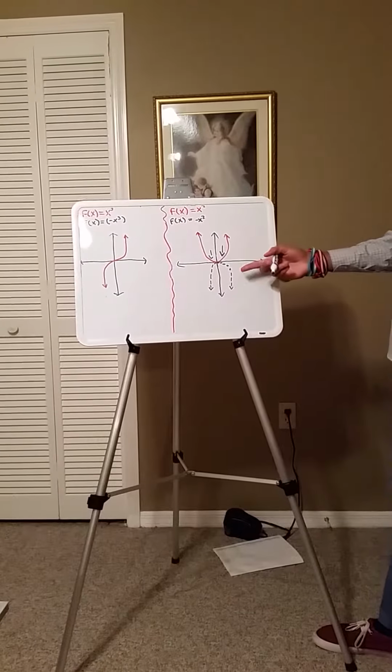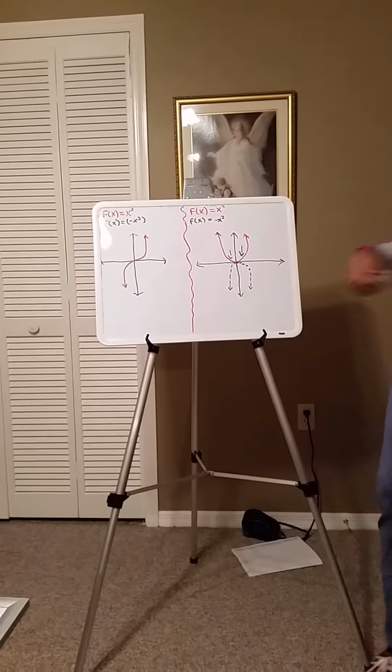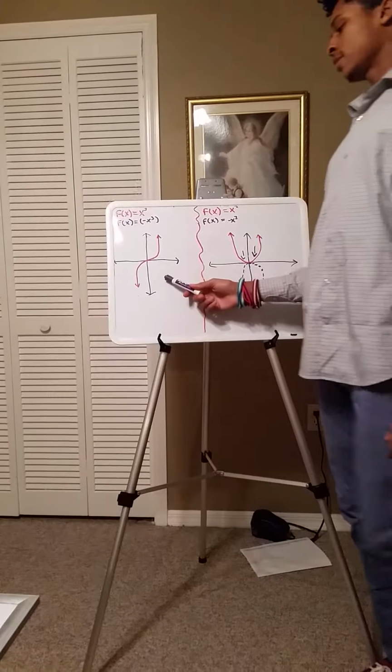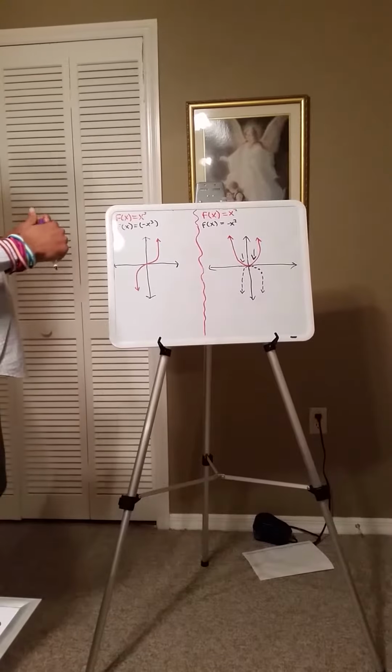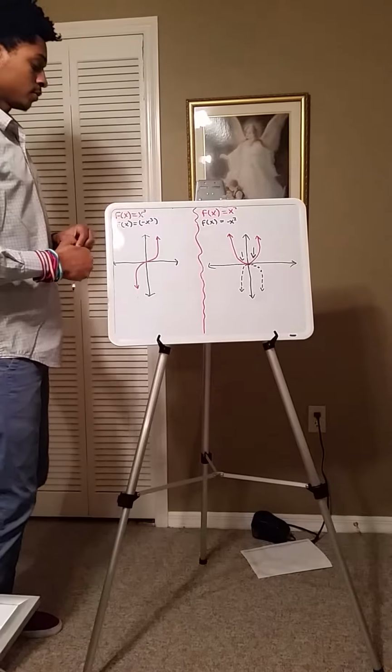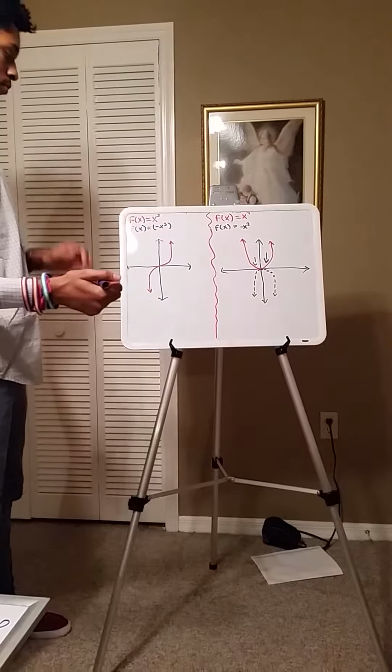And this is the resulting graph you would get. And now continuing on to our reflection over the y-axis. Now, you always have to keep in mind, if the negative term is inside parentheses, then that's how you'll know it will be along the y-axis.